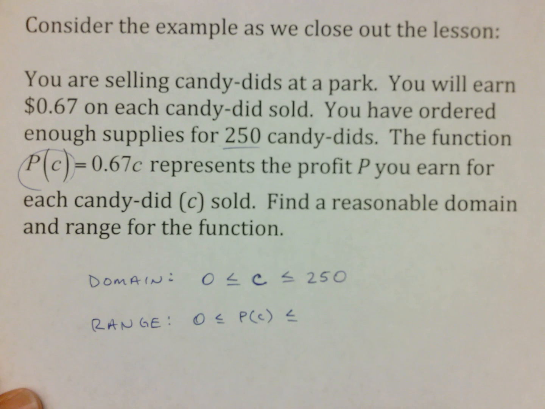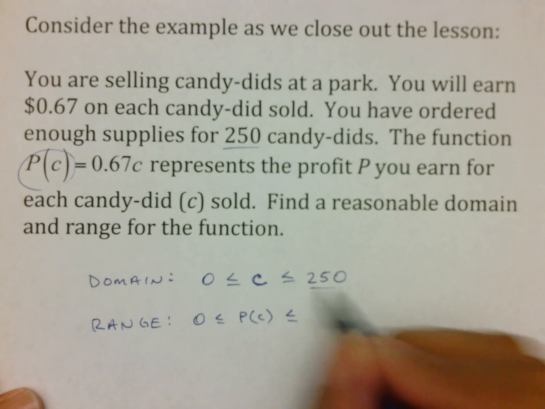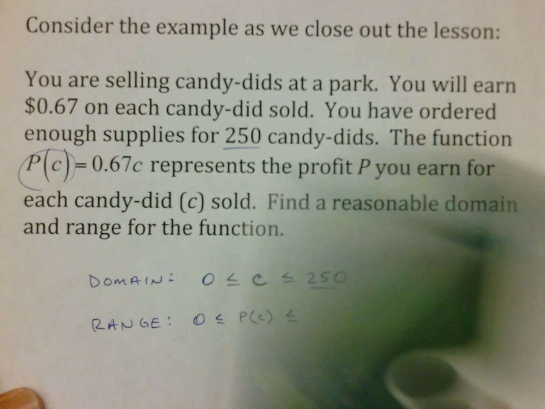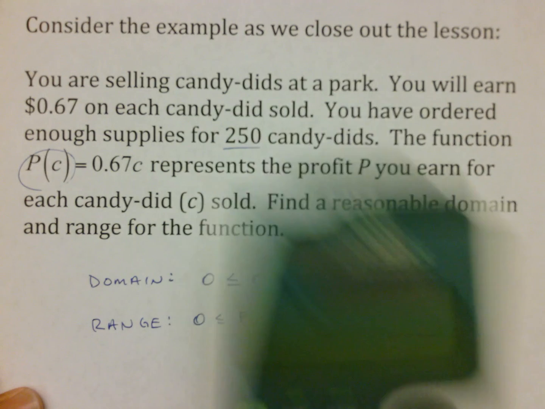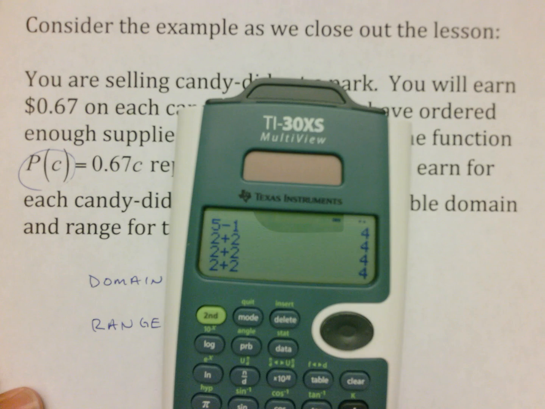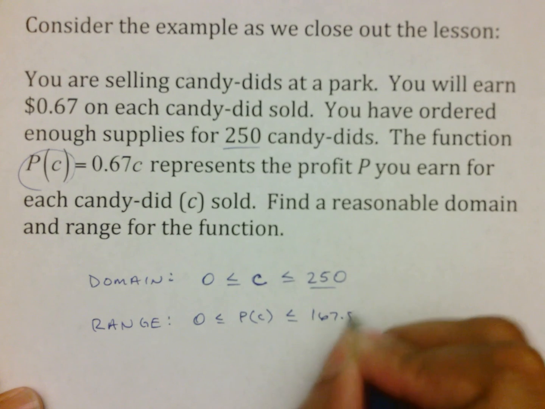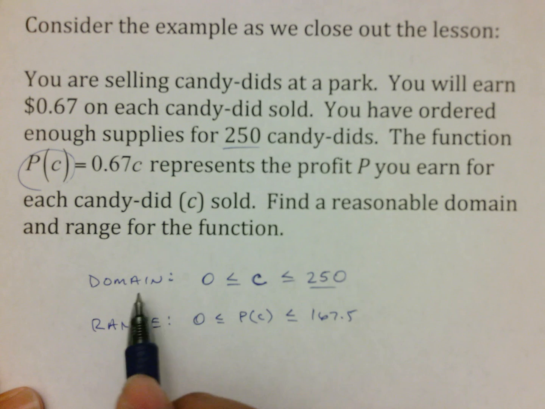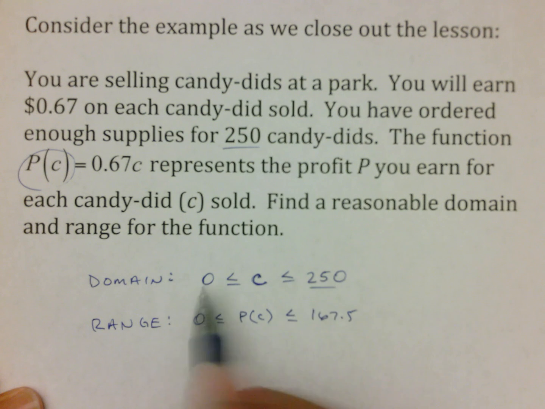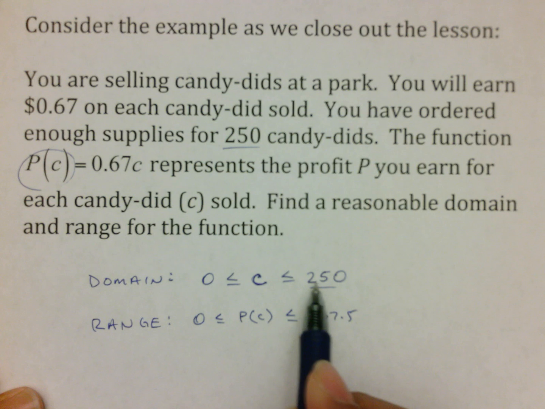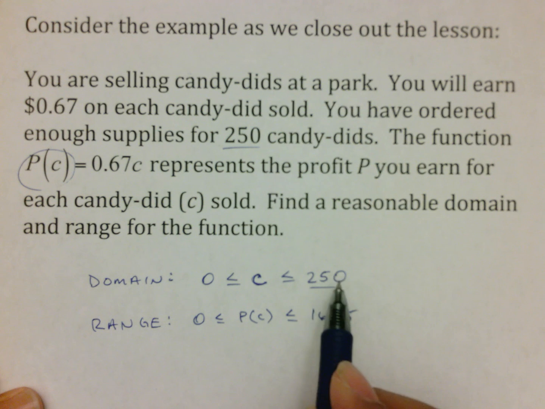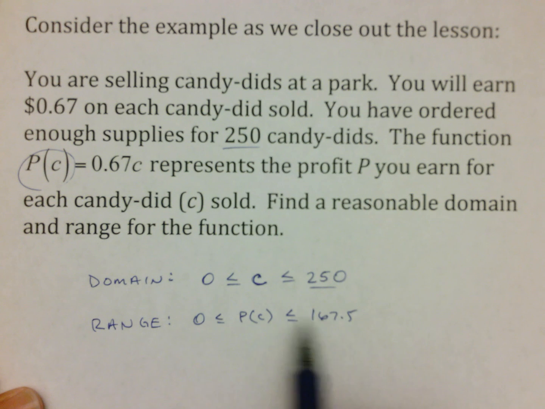And now we need our high number, and the way we find our high number is by plugging in the high number of C. So if we were to sell all of our candies, how much money would we make? We would put 0.67 times 250 to get the answer of 167.5. And so this means that the number of candies I can actually sell is anywhere between 0 and 250. That's reasonable. And the amount of money I can make is between 0 and $167.5.